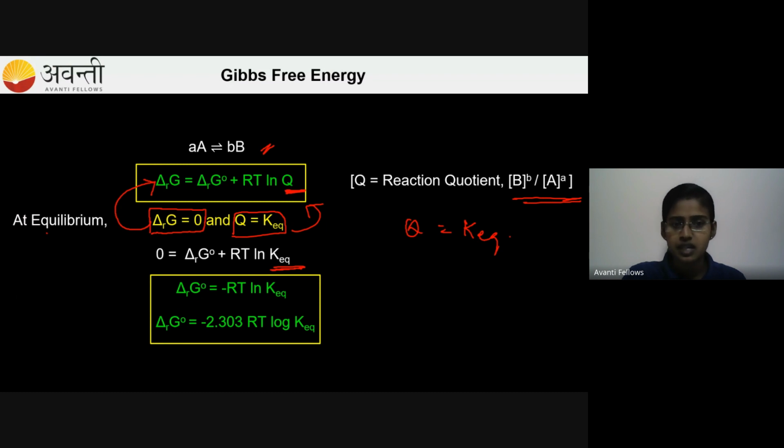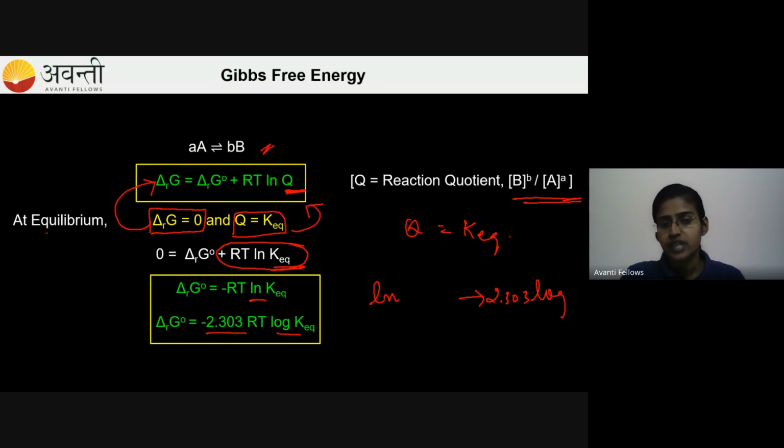Now take this RT ln K eq to the other side, and you will get minus RT ln of the equilibrium constant. If I want to convert ln to log, I have to multiply by the number 2.303. So delta G is equal to minus 2.303 RT log of K eq.